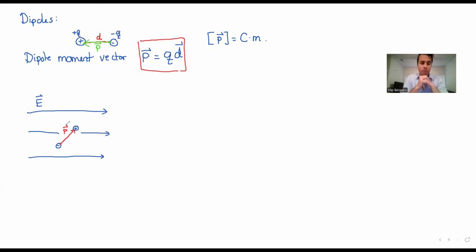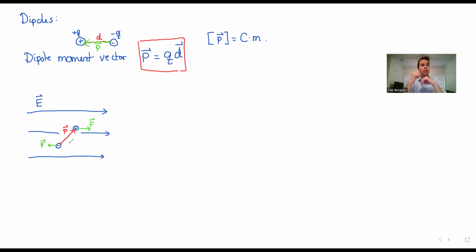What I want you to think about is how will this dipole respond to the presence of this external field? So imagine this for a second. What we know based on what we've learned is that the positive charge will feel a force and so will the negative charge. Right? So the positive charge feels a force in this direction. The negative charge feels a force in the opposite direction.